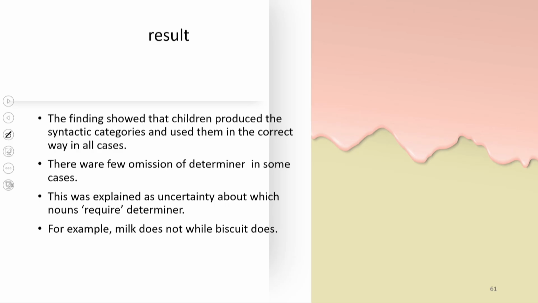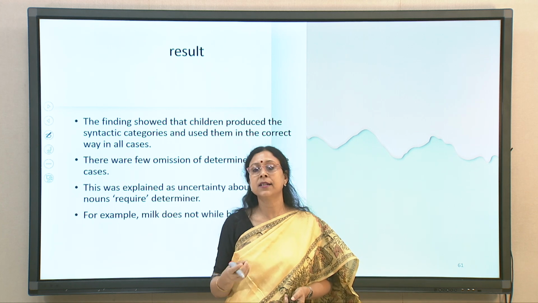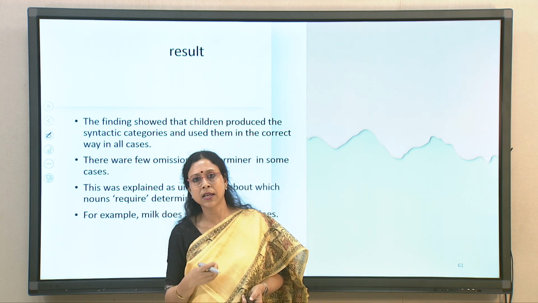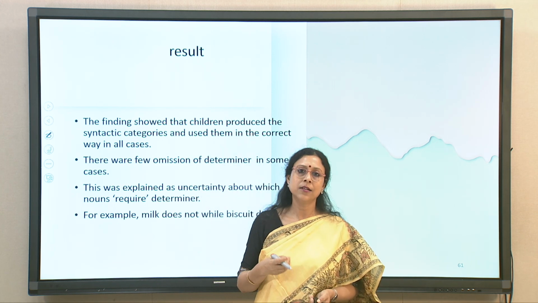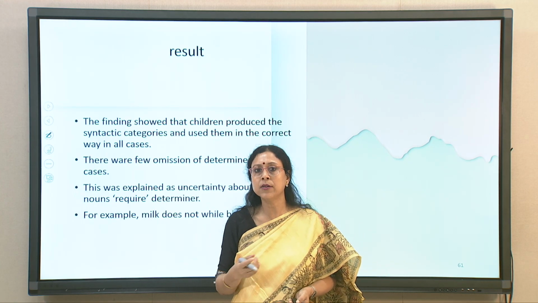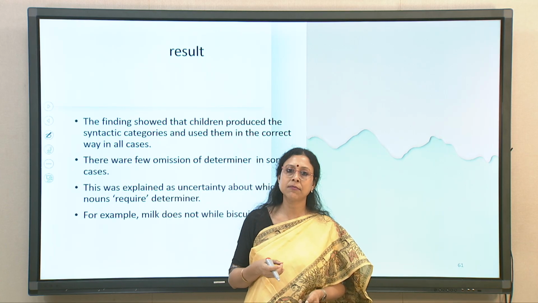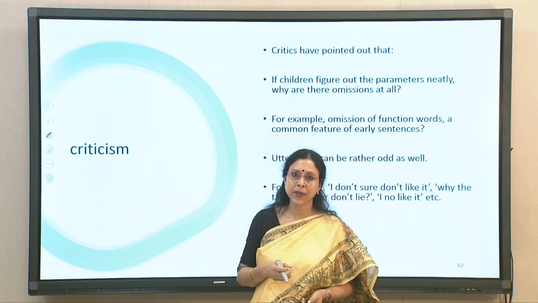For example, milk does not require a determiner like a, and the maybe when you want to specify it, but biscuit does. So, you can always say a biscuit. They might be confused between the nouns as to when it needs one and when it does not. That is how they explained some of the omissions that they found.